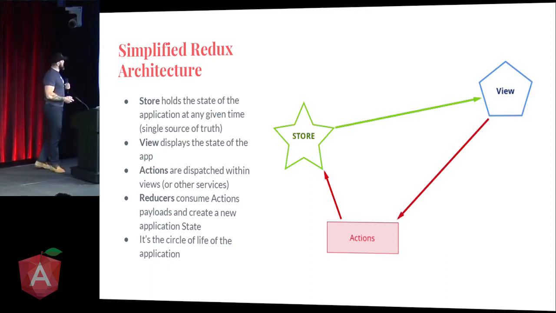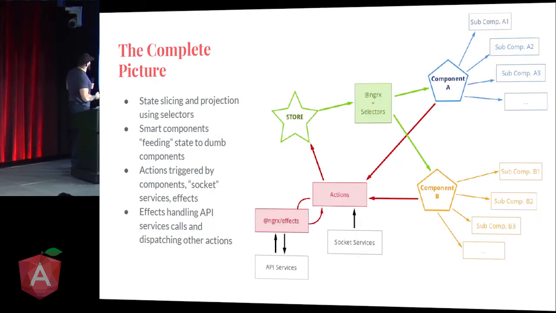And then the user, by doing certain actions on your view, is going to dispatch actions back to the store for the reducer to consume and mutate your state. So you see that's a unidirectional data flow that's going to enable you to ensure that at any given time you have predictable behaviors and display on your app.